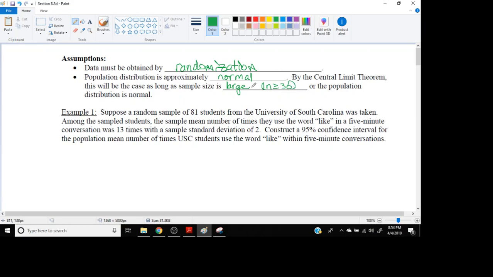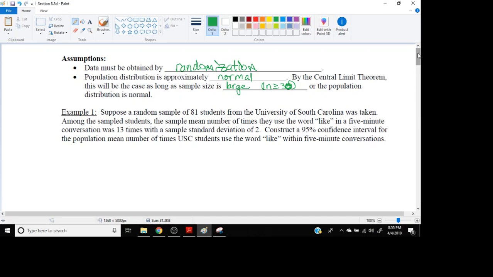All right. So if our population is not normally distributed, we need n to be greater than or equal to 30. Or we need to know that our population distribution is normal. And so once those two characteristics are satisfied, then we're at the point where we can go ahead and proceed with constructing this confidence interval.